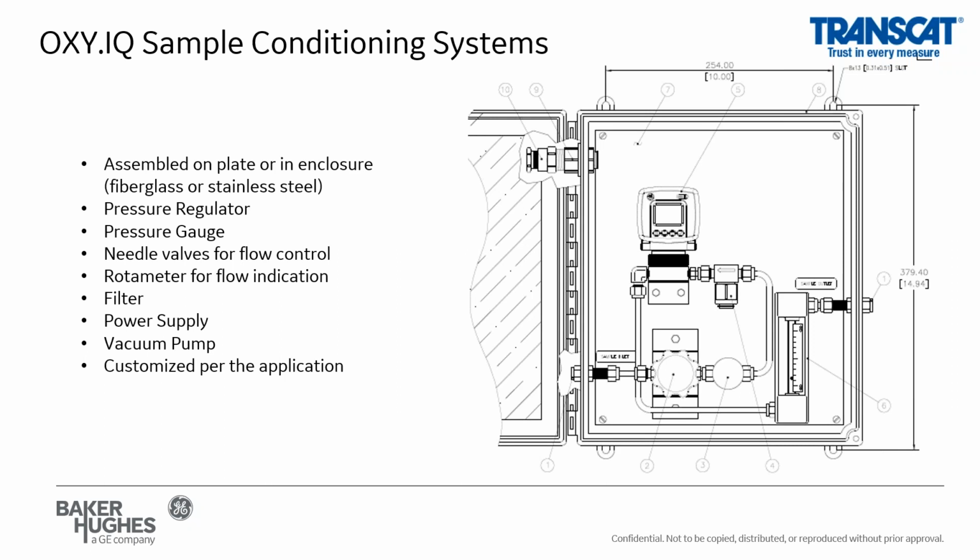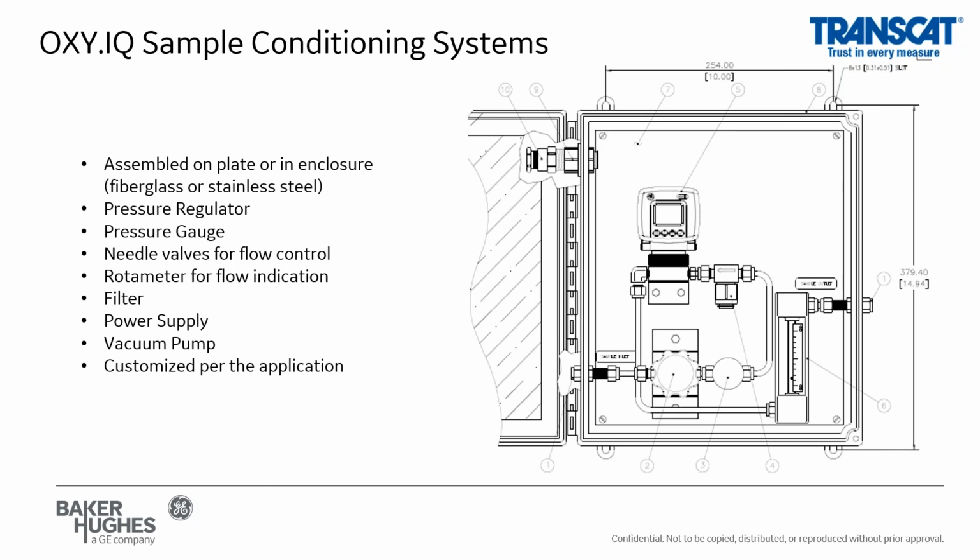So this slide is just showing a simple sampling system for the OXY.IQ that uses the galvanic fuel cell. We're just flowing through at a controlled rate. We do have a pressure regulator because these measurements are made at atmospheric pressure.